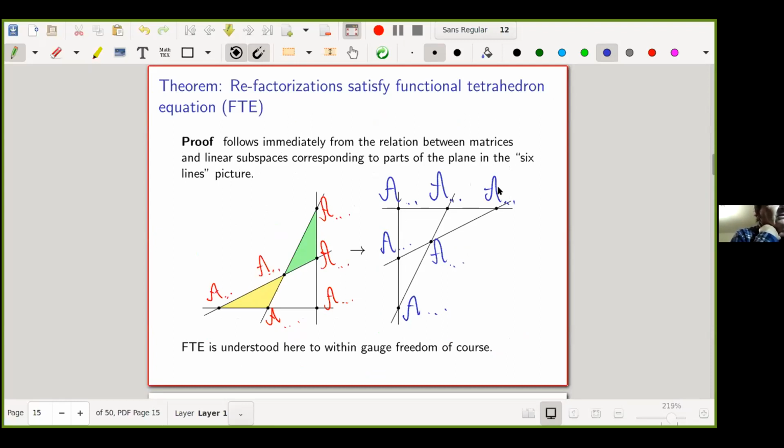They don't depend on a specific way, but they just correspond to this picture. So this functional tetrahedron equation follows from almost nothing.